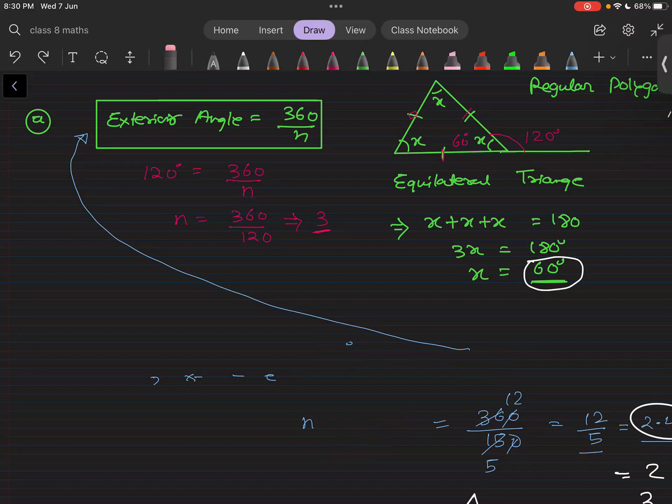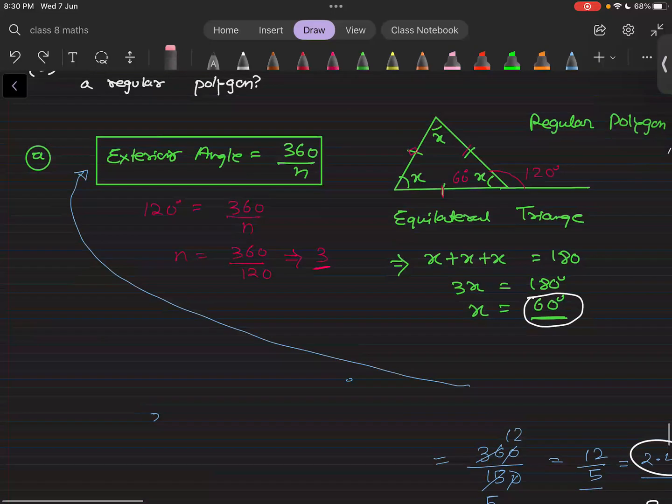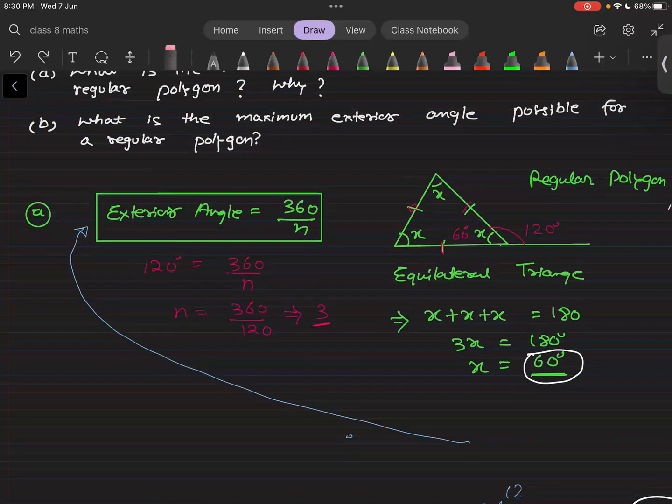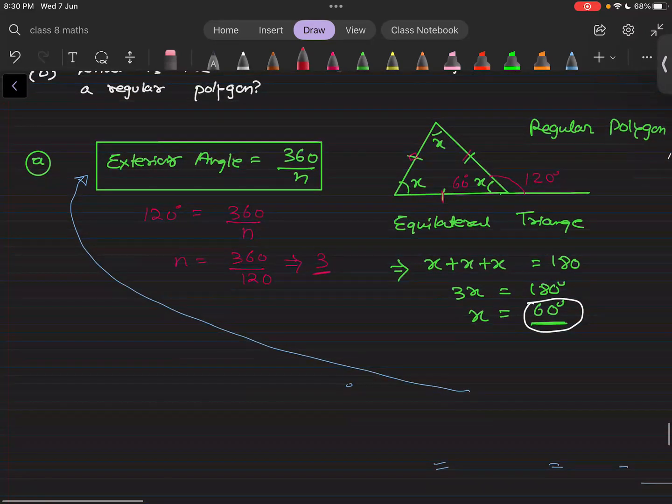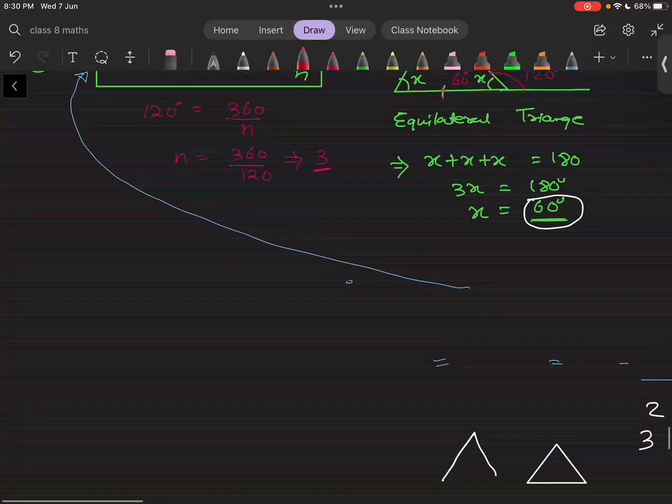So in order to find the least possible interior angle of a polygon, we also found out the maximum possible value of the exterior angle. Right, guys? So you can check that also by putting it in the formula. Okay, we are solving the second one.